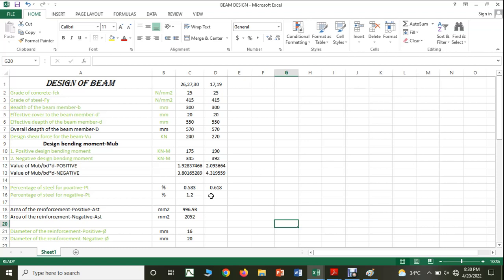Therefore since that value is not available, I can take the percentage of steel as around 1.5%.